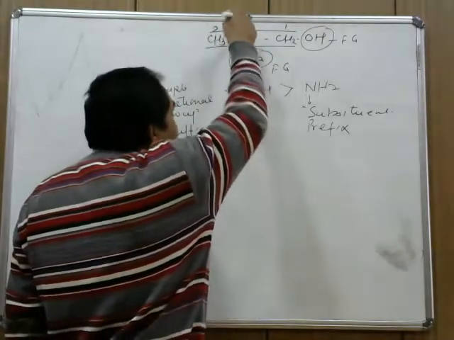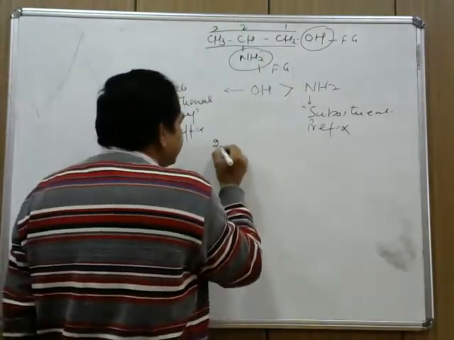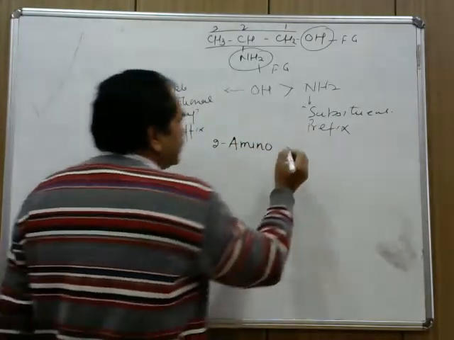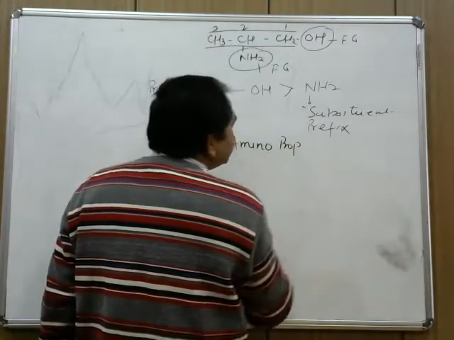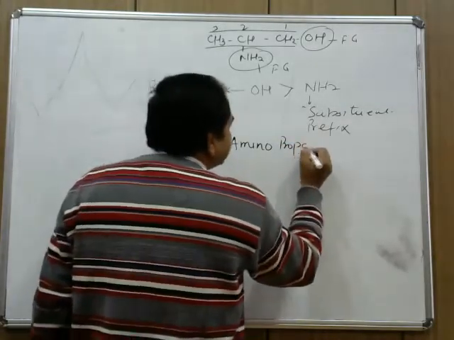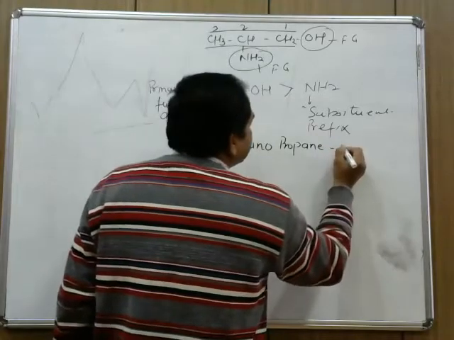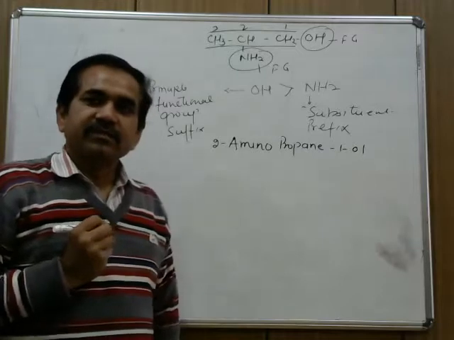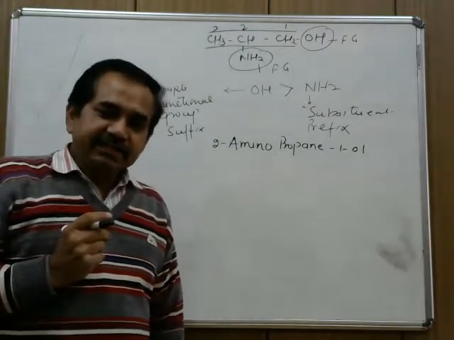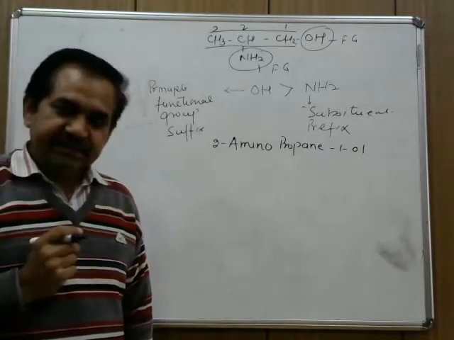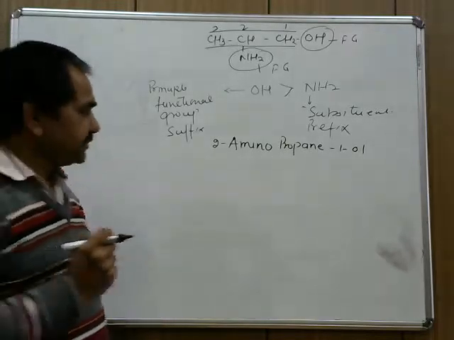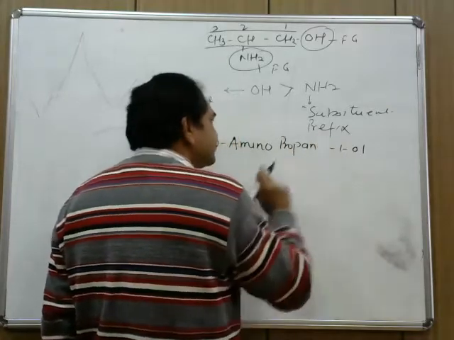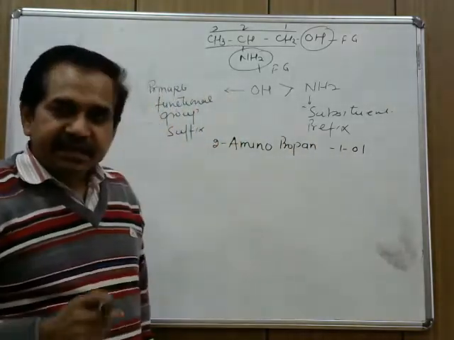Now this amino group is present at 2, so we write 2-amino, then the root word is prop, then an, and 1-ol. So is that name correct? No. When suffix starts with a vowel, then this E of suffix 1 is not written.